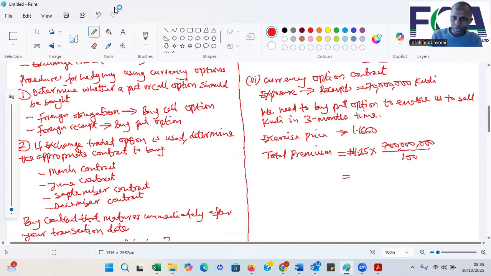Let me check this. Is it 70 million? Okay, I think I made a mistake. It's 70 million, not 700 million. Our exposure is 70 million. 70 million divided by 100, times 1.25. 875,000 is our premium.